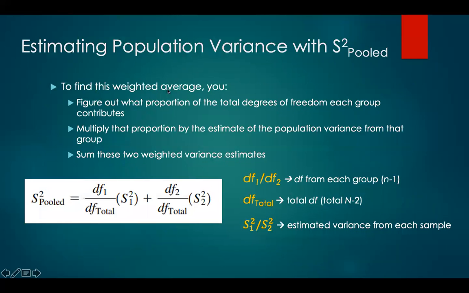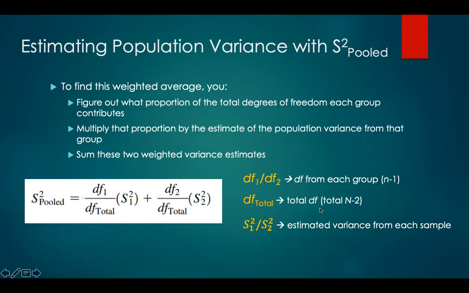So to find this weighted average, you figure out what proportion of the total degrees of freedom each group contributes. You multiply that proportion by the estimate of the population variance from that group, and then you sum these two weighted variance estimates together. So df1 and df2 is the df from each individual group, so the group of men and the group of women, and that will be n minus 1, the number of men minus 1 and the number of women minus 1.